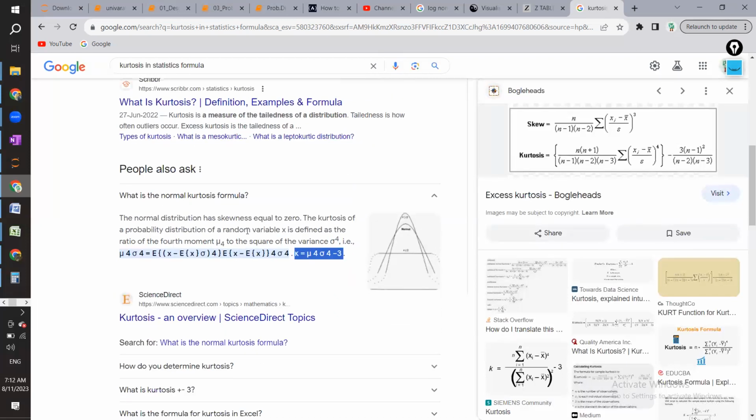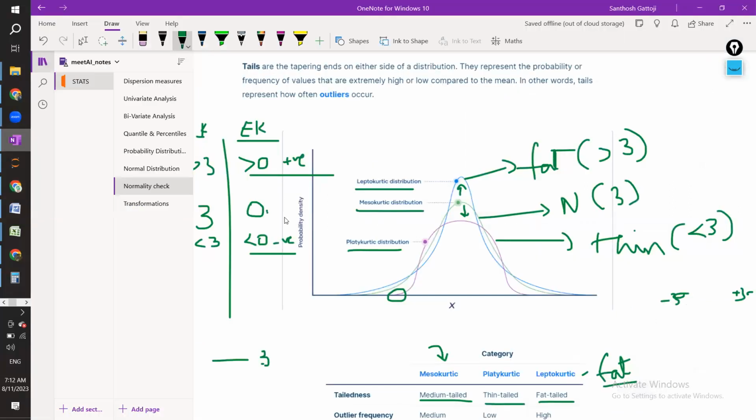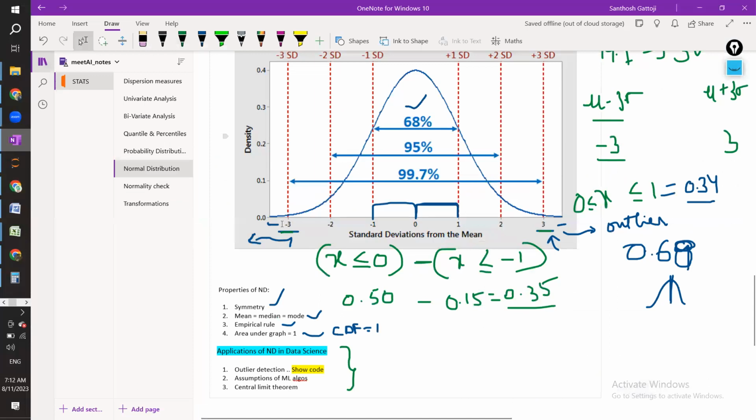Once you put your values into this formula, for a normal distribution you will get the value as 3. Why 3? That's how the formula is designed. It's like if you ask, sir, why are 99.7% of the values found within 3 standard deviations only? Why not 4 standard deviations, or 2?